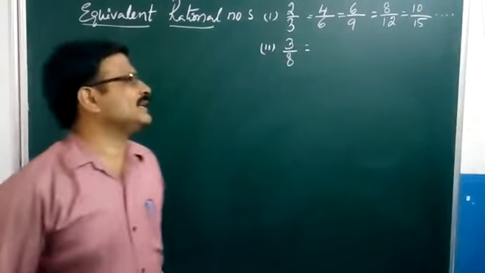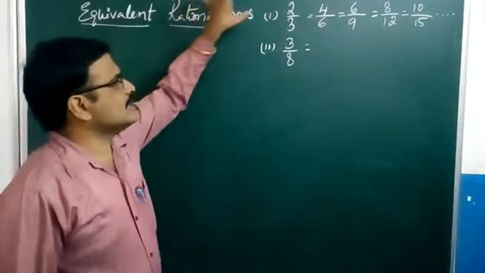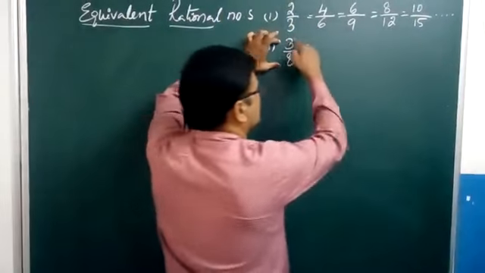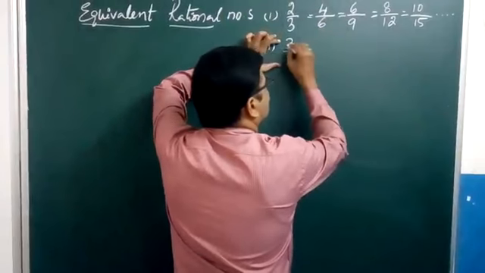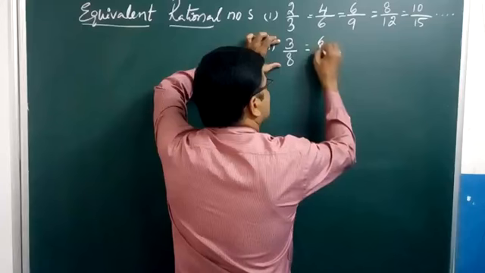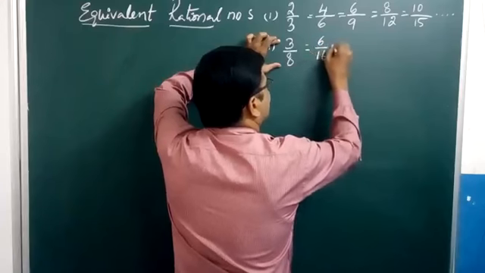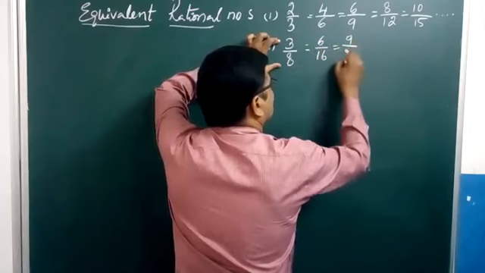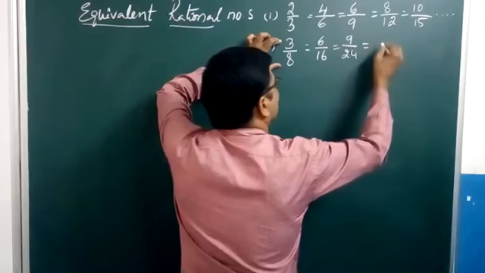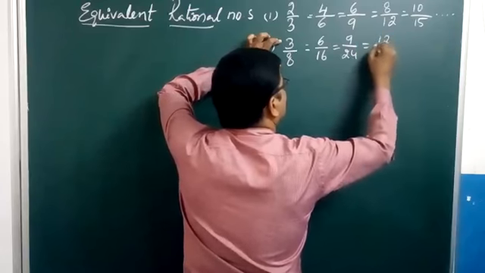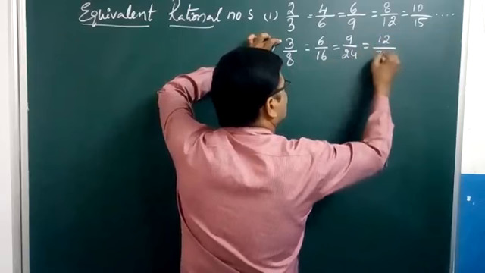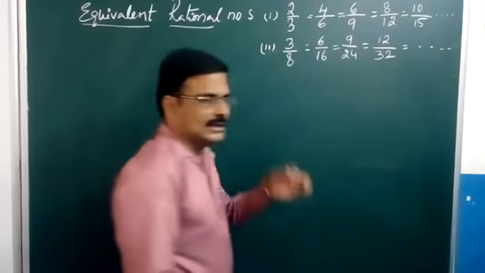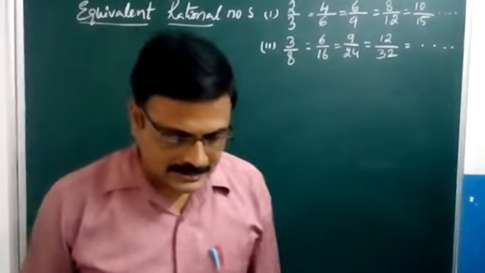You can write as many equivalent rational numbers as you want. Similarly, this is also the simplest form. So 3 twos are 6, 8 twos are 16, 3 threes are 9, 8 threes are 24, and this is equal to 3 fours are 12 by 8 fours are 32, and so on. You can go for any number of rational numbers like this.